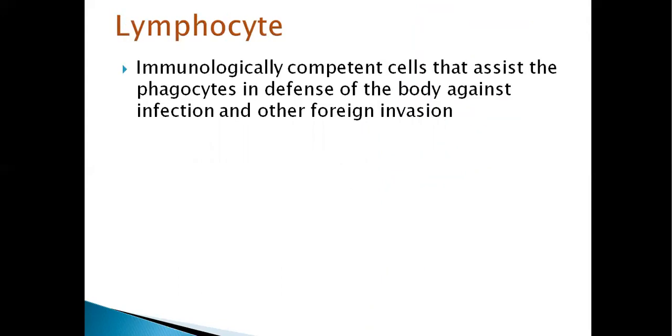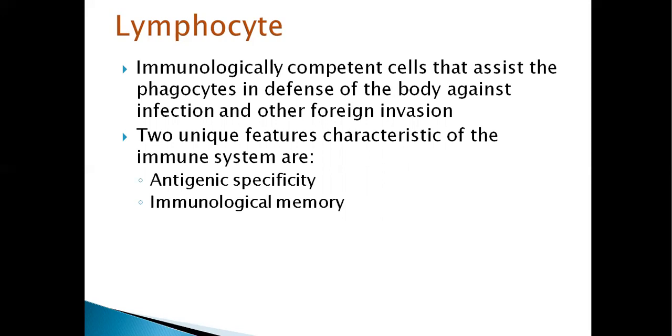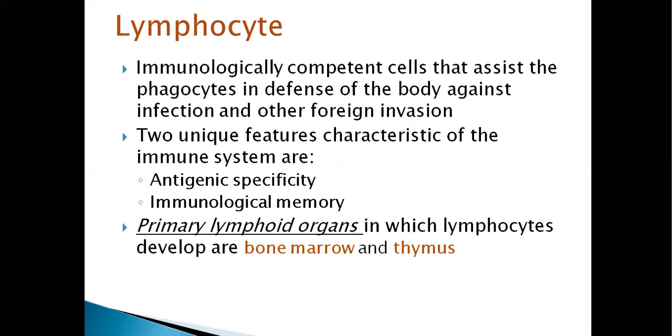The lymphocyte is the immunological component cell that assists the phagocyte in defense of the body against infection and other foreign invasion. Two unique features characteristic of the immune system are antigenic specificity and immunological memory. The primary lymphoid organs in which lymphocytes develop are bone marrow and thymus, which is in the mediastinal region.